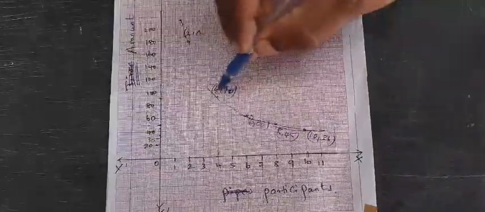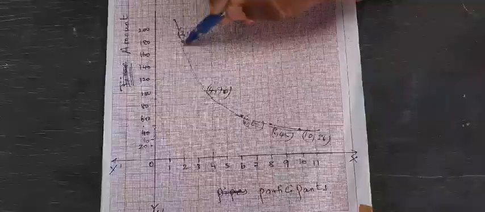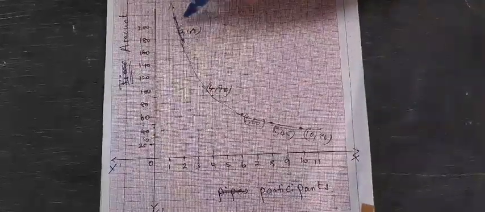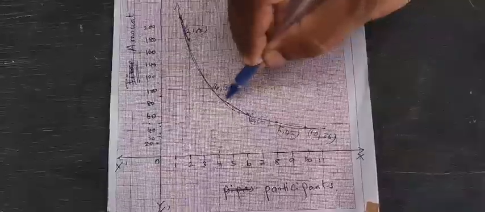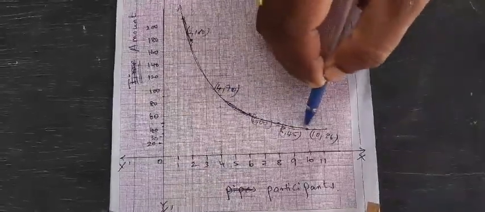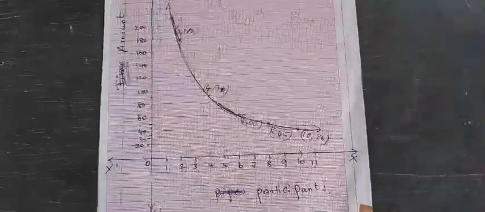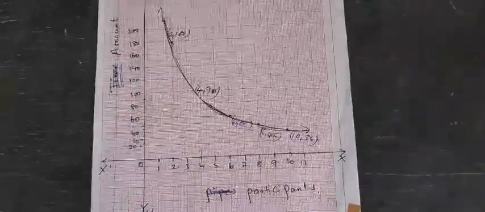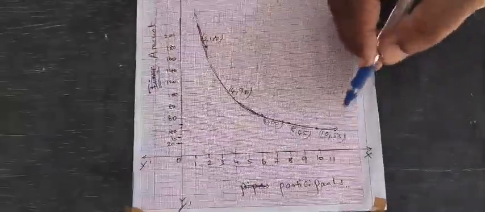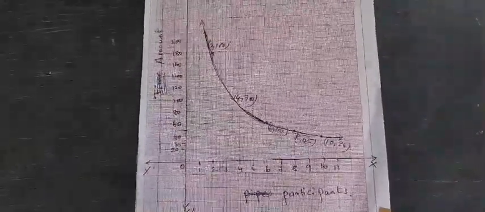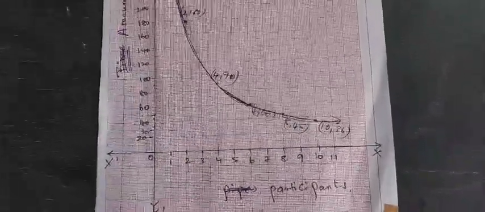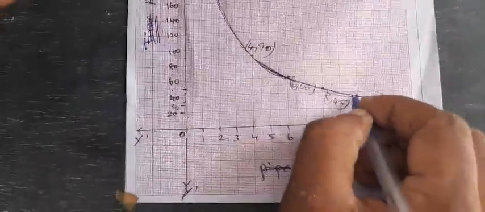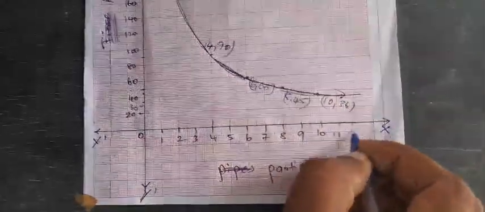On the board we can't draw it clearly, so like this we have to draw. The curve will be, see the book, it is clearly visible. Then the number of students will be 12.